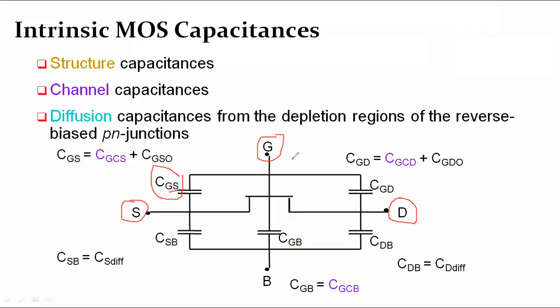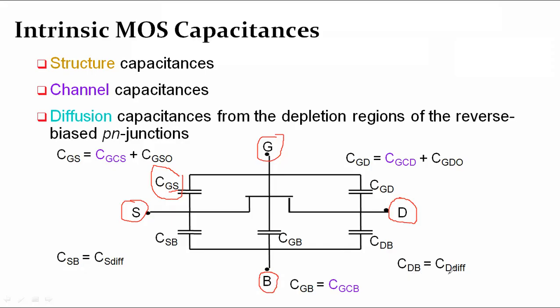Similarly, between the gate and drain, that is CGD, and we know that there are a total of 4 terminals with respect to body. B is the body. Here we have the source to body, CSB, and CDB, where D is drain to the body.